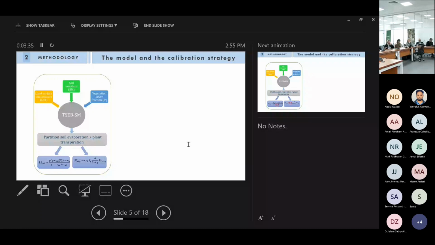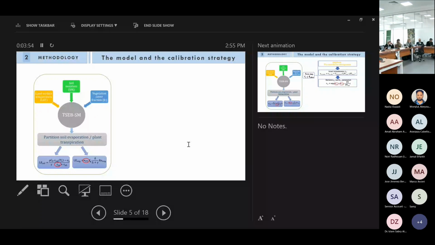But we propose to use this equation to estimate the soil evaporation, and we propose an innovative approach to calibrate two parameters: the LSS, which is a soil resistance, and the alpha PT, which is the coefficient of the Priestley-Taylor model.